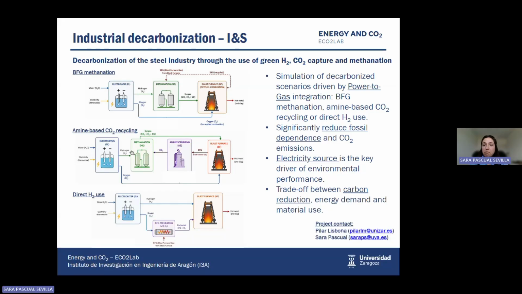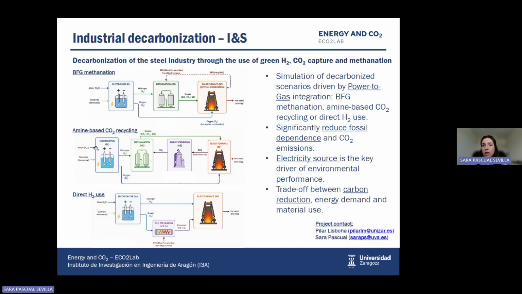Technical, economic, and environmental simulation of this steel industry decarbonization are implemented in three main routes. First is the direct use of green hydrogen via water electrolysis for oxy-fuel combustion in the hot metal production.